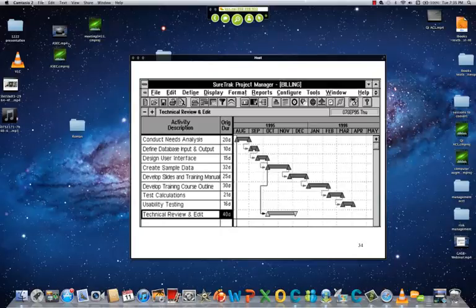When you start working on the stage, the bar will fill up. The more it fills up, the more work is completed for this stage. So you can basically track the progress of your stages.